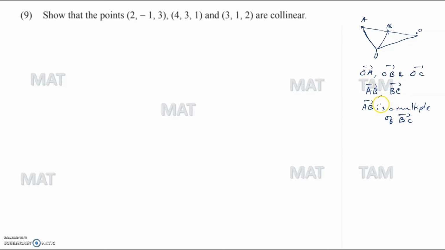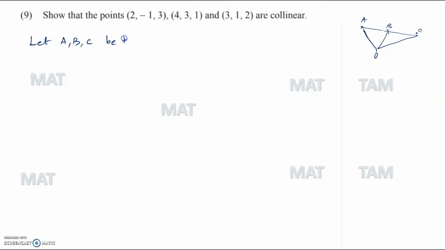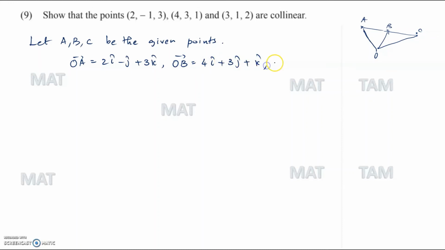So let's solve the problem. Let A, B, C be the given points such that OA vector is equal to 2 i cap minus j cap plus 3 k cap. OB vector is equal to 4 i cap plus 3 j cap plus k cap.